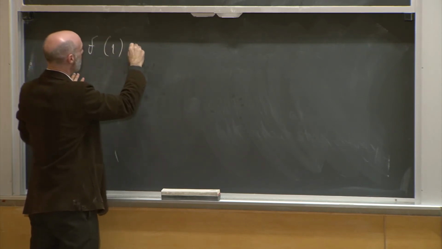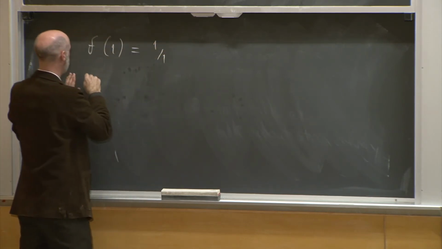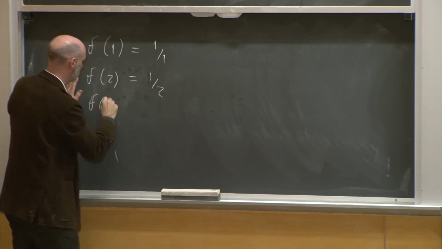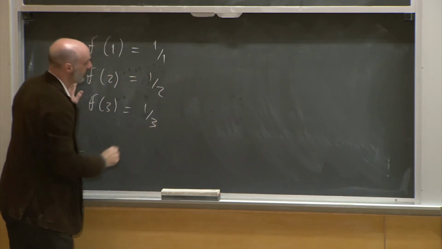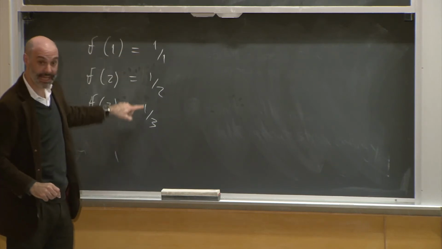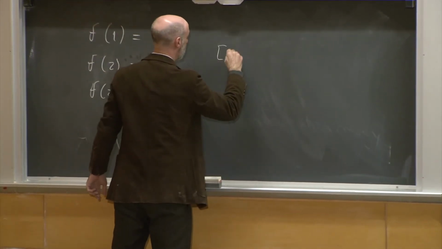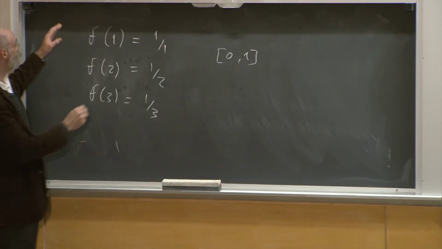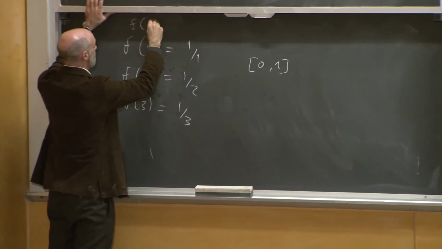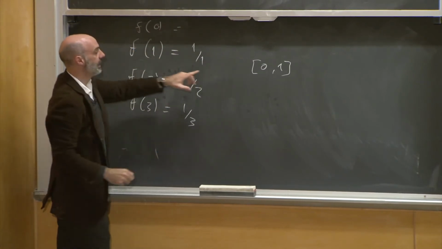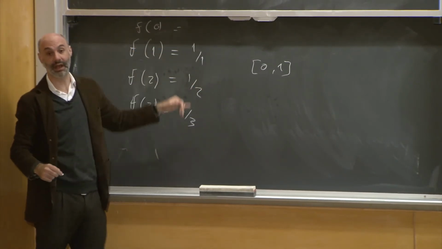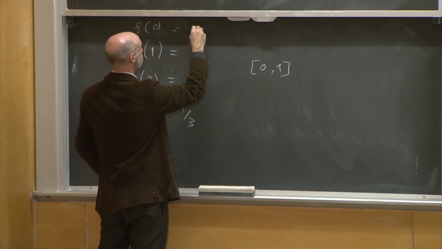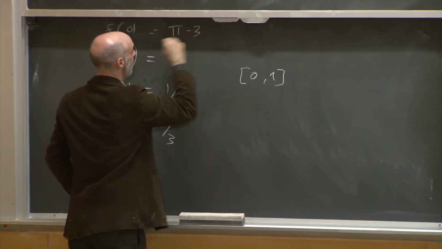So it assigns to 1, 1 over 1, and to 2, 1 over 2, and to 3, 1 over 3. And of course, all these guys live comfortably in there. And what about 0? Well, we can just assign it whatever other element of there we want, provided it wasn't already taken. So for example, pi minus 3.